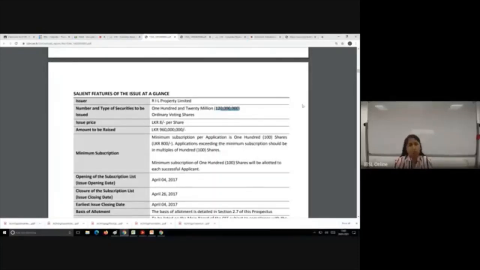Oversubscribed means it's 120 million that you want to issue, but applications have come from investors for 200 million shares. So many people have applied. All of the applications added up together are requesting, let's say, 240 million shares, which means they have been oversubscribed by 100%.